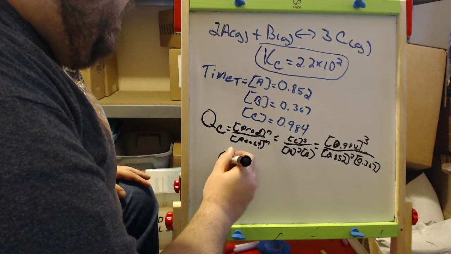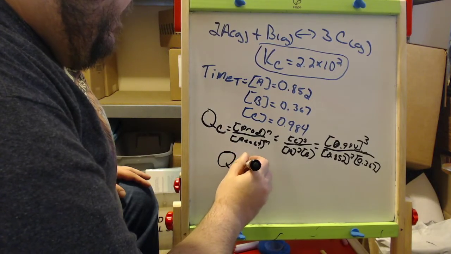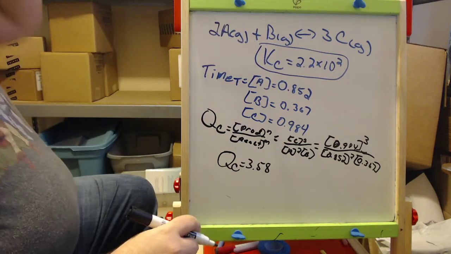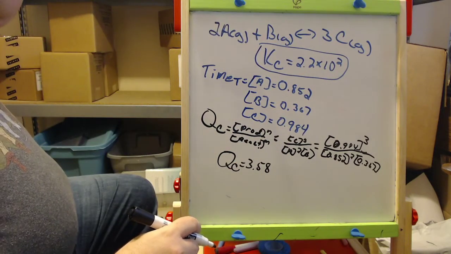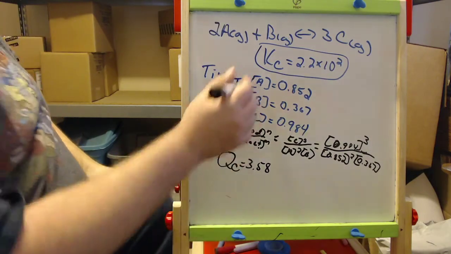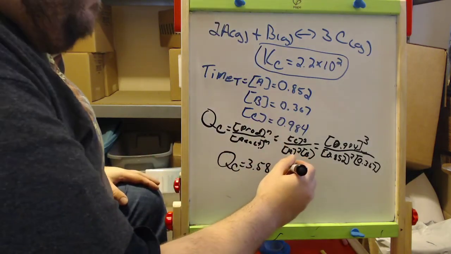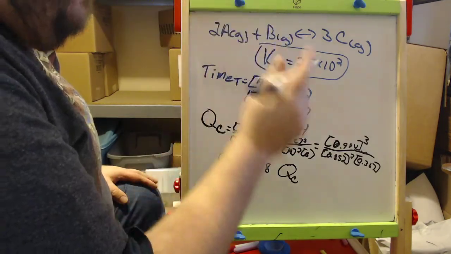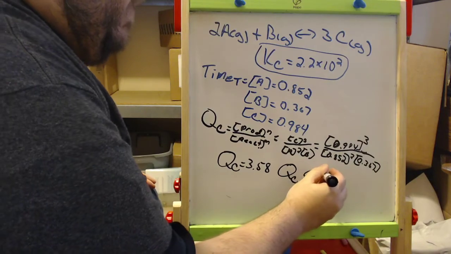My Qc is equal to 3.58. Okay, if I did the math right there. Double check me on it, but if that's the case, my Qc is a lot smaller than my Kc.